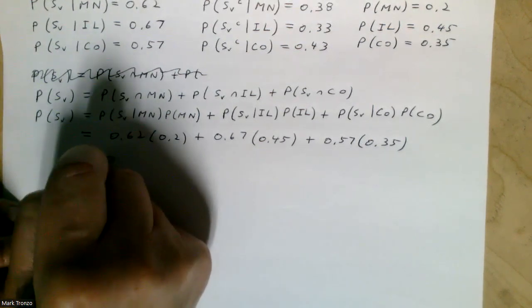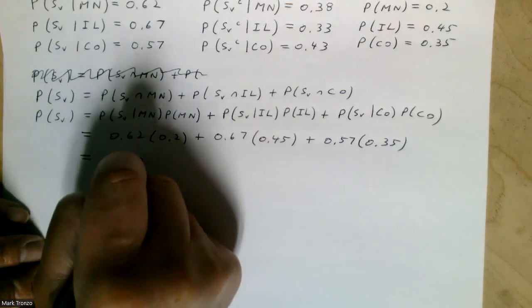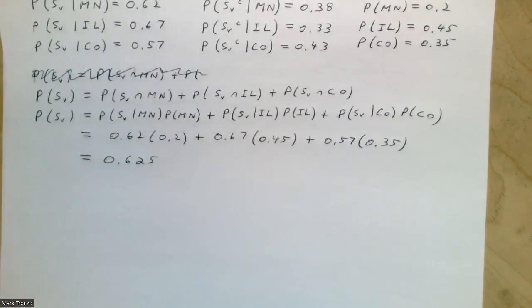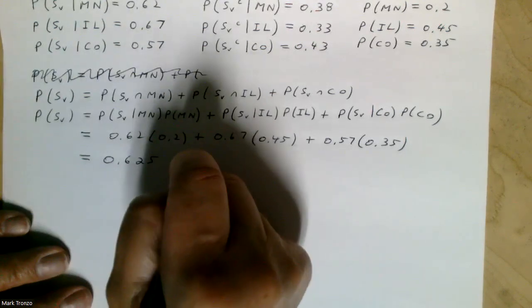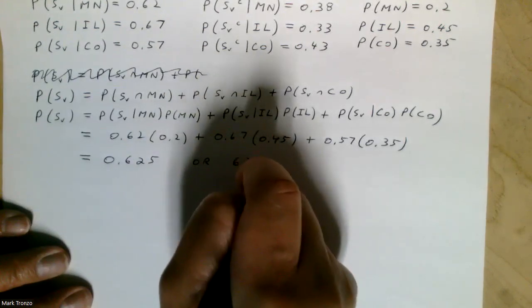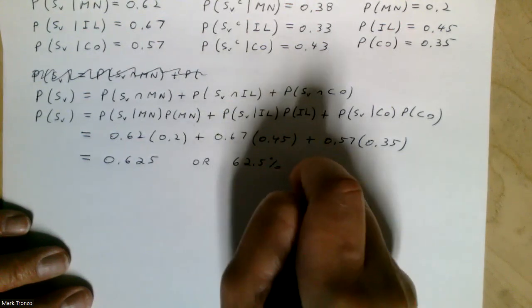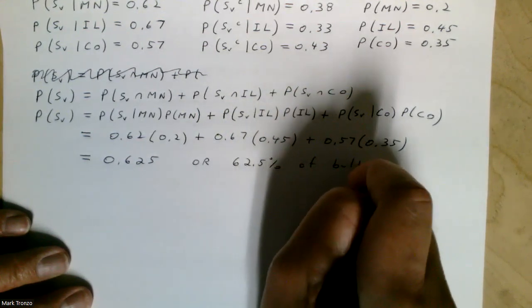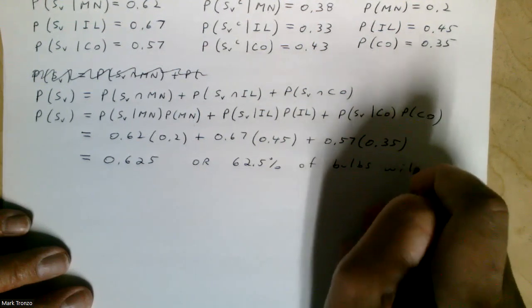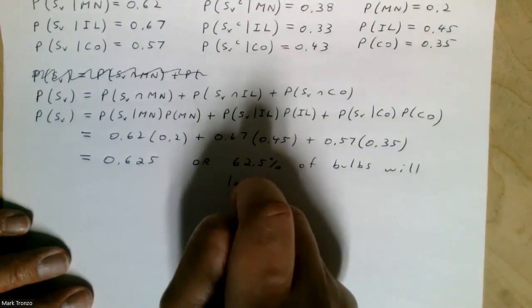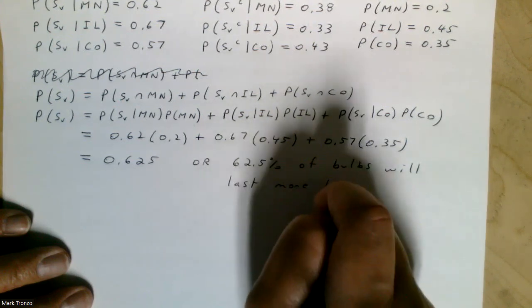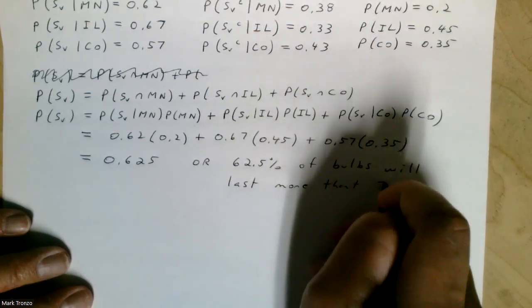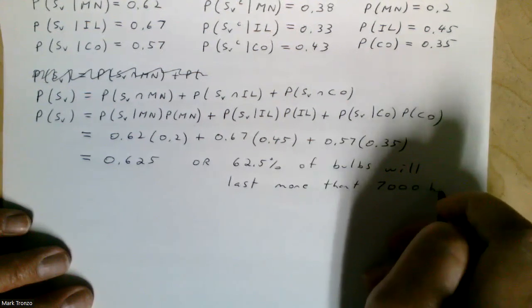And put that in your calculator. So the probability of a bulb, this is a bulb just in general, lasting 7,000 hours, is 0.625. Or if we want to turn that into a percentage, 62.5% of the bulbs will last more than 7,000.